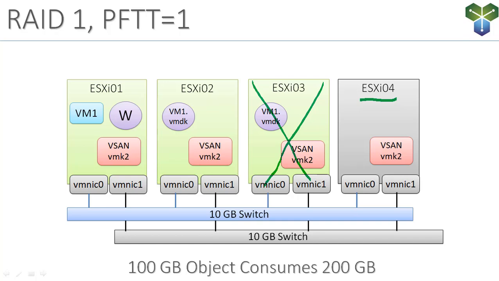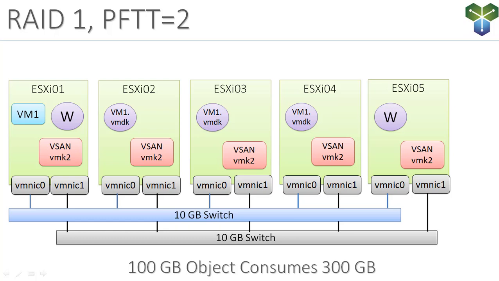tolerate equals 1. If we change that to primary failures to tolerate equals 2, now we need a bare minimum of 5 hosts. We need to be able to lose any 2 hosts. You can see at the bottom of the screen here that if I have a 100 gigabyte virtual disk, it's actually going to consume a total of 300 gigabytes of raw space.